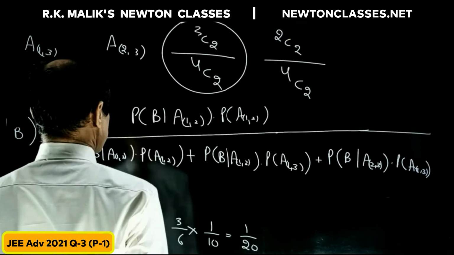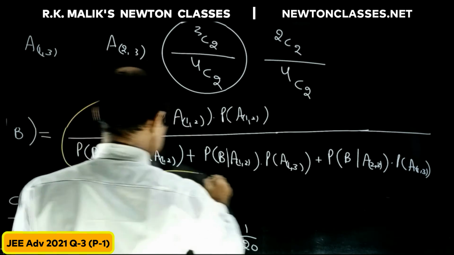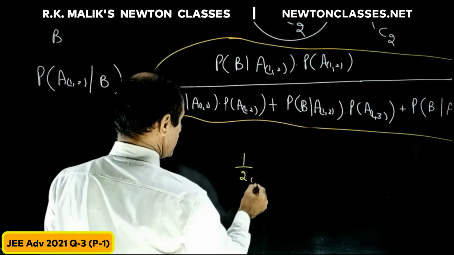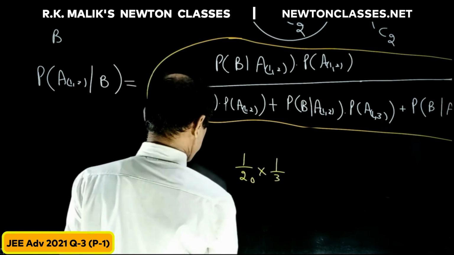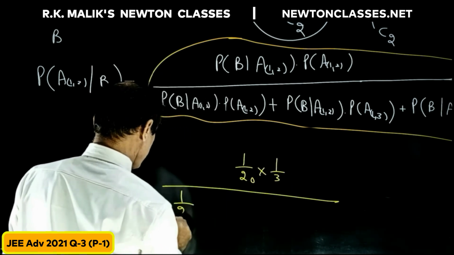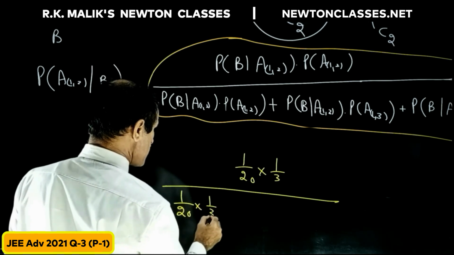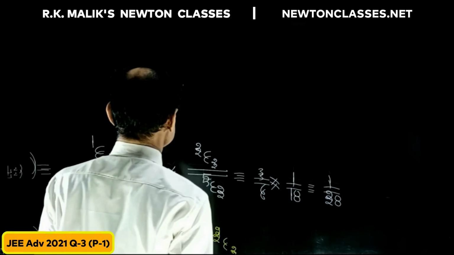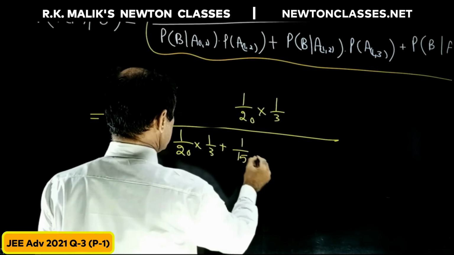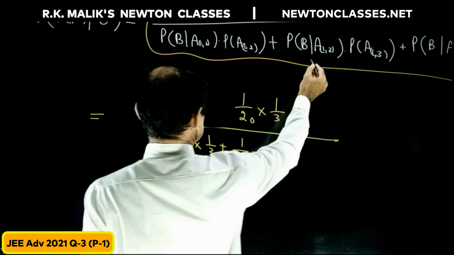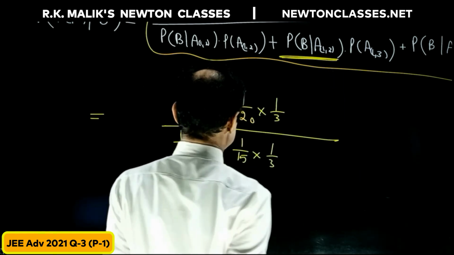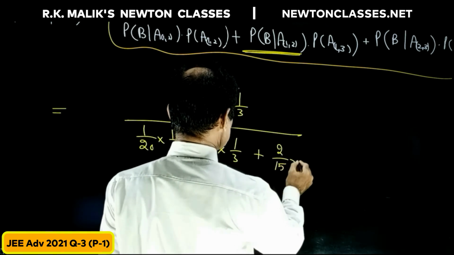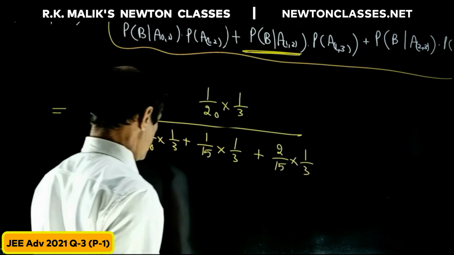That is equal to 2 by 15. And now putting these values in this formula, 1 by 20 into 1 by 3 upon 1 by 20 into 1 by 3 plus the second case was 1 by 15, 1 by 15 into 1 by 3, because this had the value 1 by 15, plus 2 by 15 into 1 by 3.